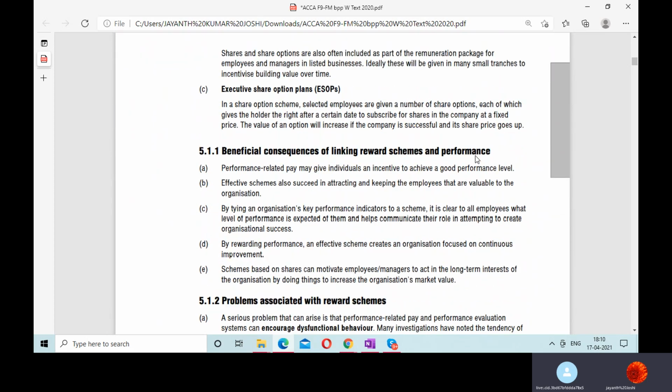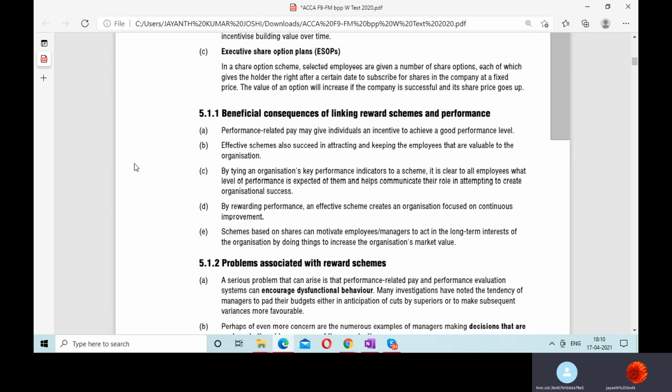If I give you good benefits, that will motivate you, correct? You will try to give better performance. That is also good for the company, because if your decision making is right, you get good compensation for that.